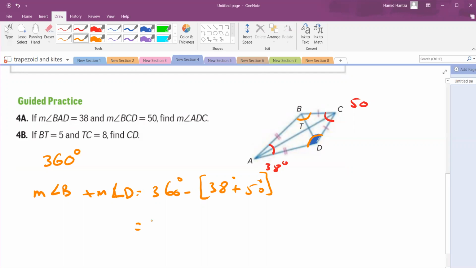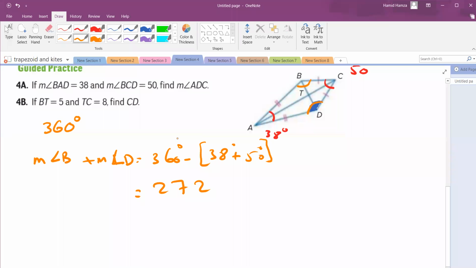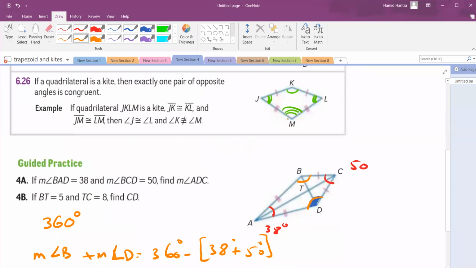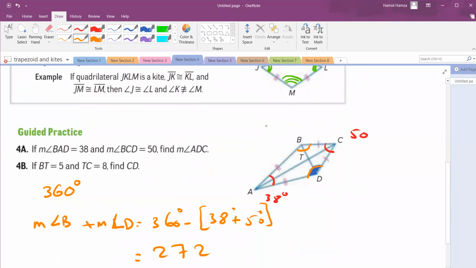So, one second. It will be 272. Do you remember I told you that from the property of a kite, we have one pair of opposite angles that are congruent? So if A equals 38 and C equals 50, they are opposite and not equal.